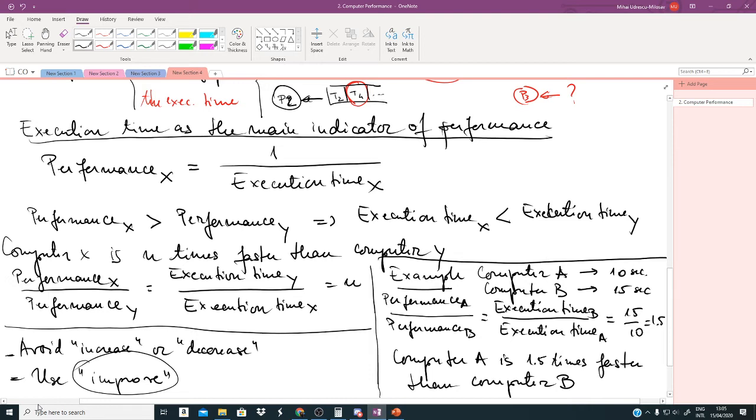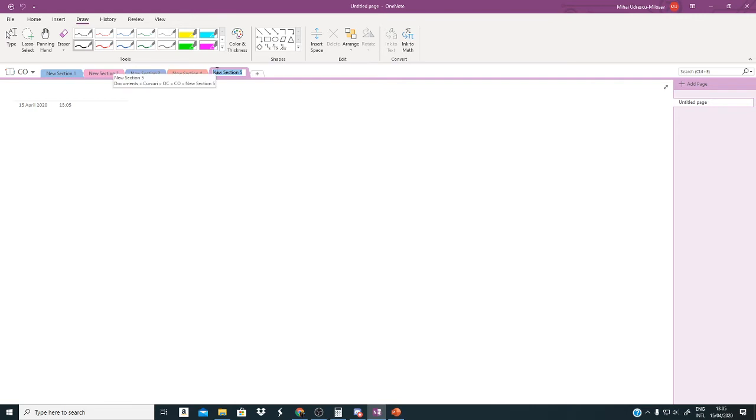Now, let's create a new section here: evaluating performance. That's 1.1. It was a short intro until this 1.1. How do we evaluate performance?